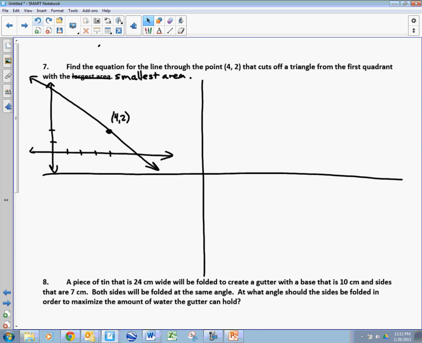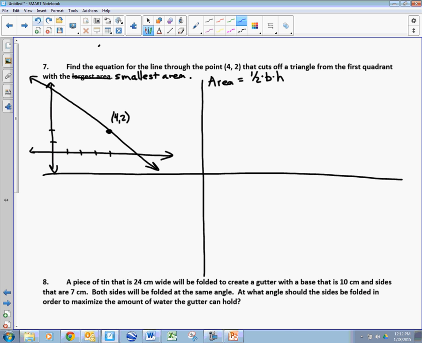Okay. Bo goes to area of the triangle is equal to 1/2 times the base times the height. And Bo recognizes that the base is equal to the x-intercept and that the height is equal to the y-intercept.